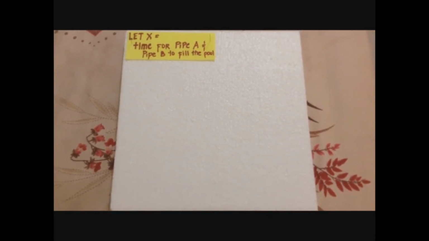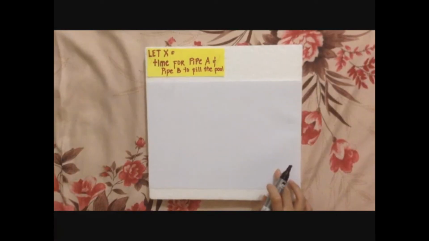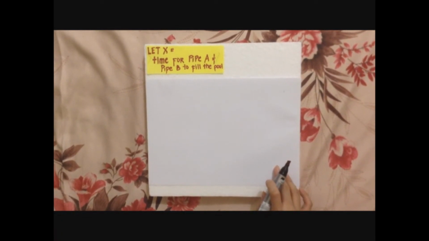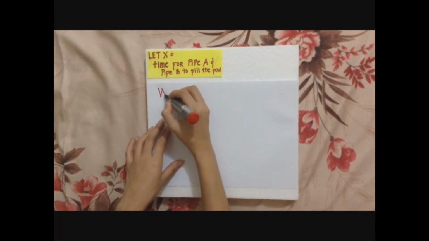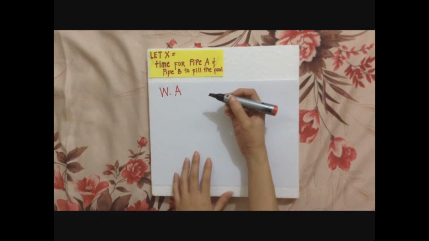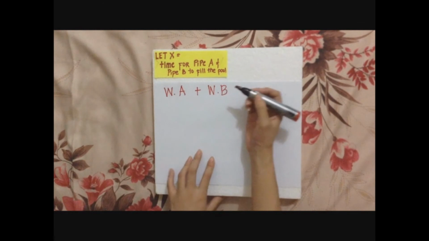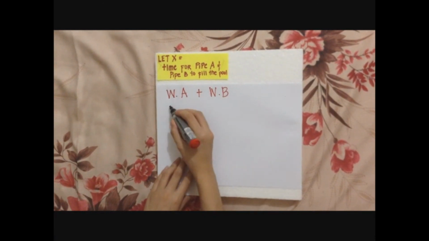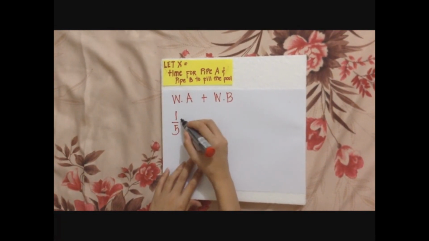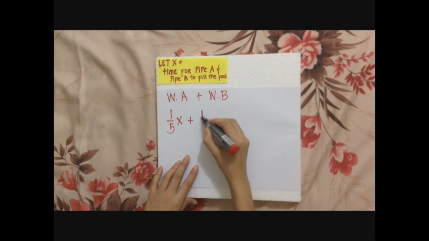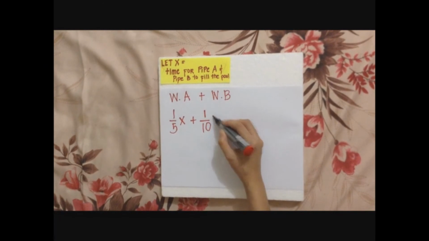So, let X be the time for pipe A and pipe B to fill the pool. Unlike the first two subproblems, our equation would only consist of the work of pipe A and the work of pipe B. So, for the work of pipe A, the rate 1 over 5 times the unknown time, which is x, plus 1 over 10 and its unknown time, x.